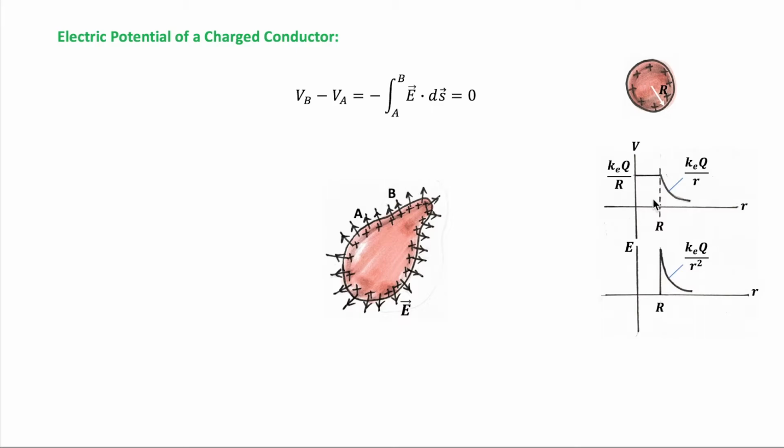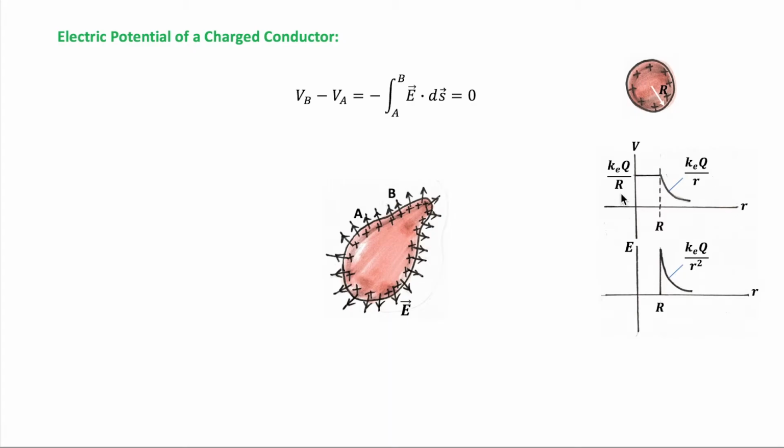So as you can see, at the surface of a conducting sphere, when r is equal to R, the potential is equal to Keq over R, okay? And because the entire sphere is at the same potential, the potential at any point inside the sphere is equal to Keq over R.